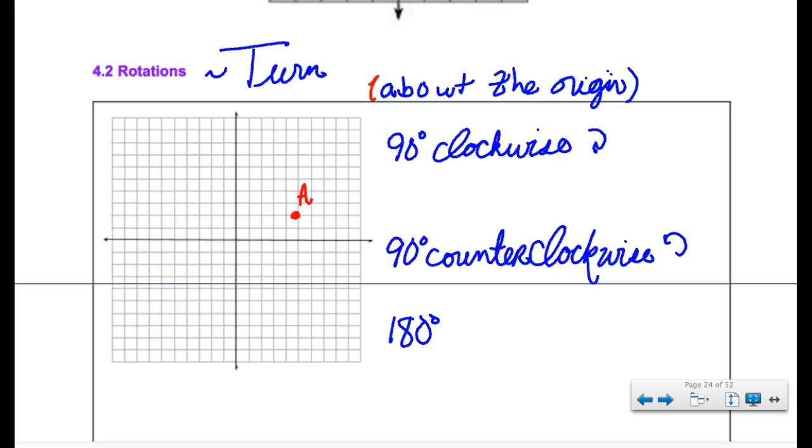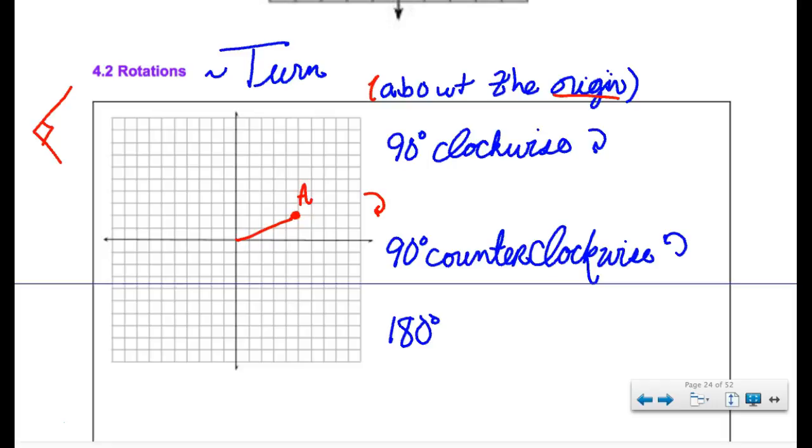When I attach that on an invisible piece of string, I'm going to draw it, attached at the origin, and I rotate it 90 degrees with the clock. And we're going to kind of guesstimate. Now here's the deal. For lines to hit perpendicularly, like a 90-degree angle, their slopes are opposite reciprocals.